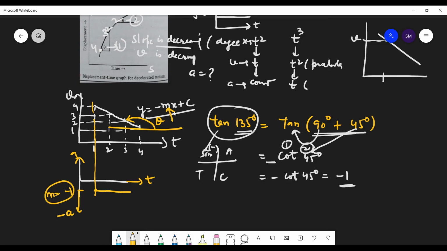So in the linear equation, when you differentiate velocity with respect to time, this is your minus mt plus c. Differentiating it with respect to t, what do you get? Minus m. Yes, and that is your acceleration.